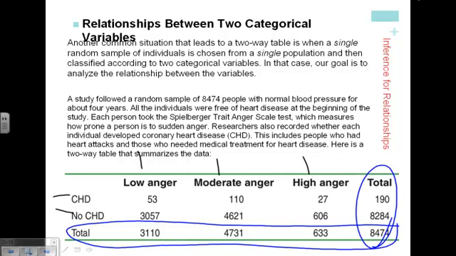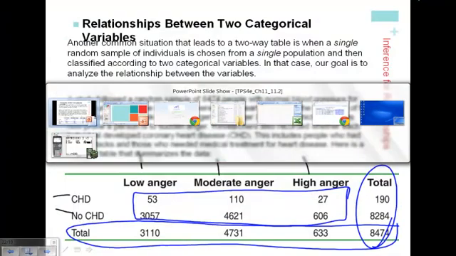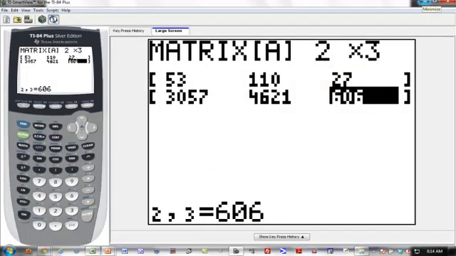The only thing that's in our matrix is the stuff in the center, which has 3 columns and 2 rows, or it's a 2 by 3 matrix. And when you get into your calculator, it should look like that.